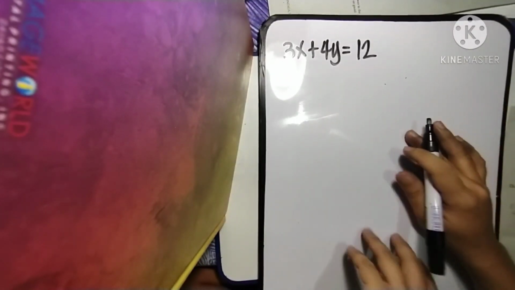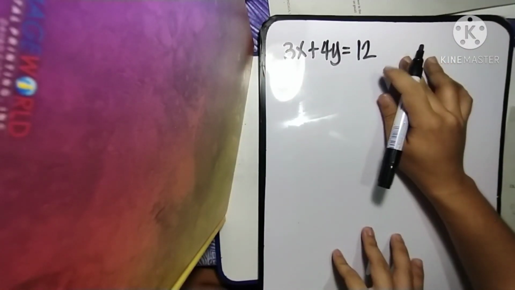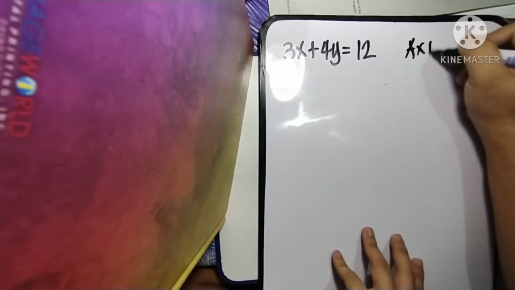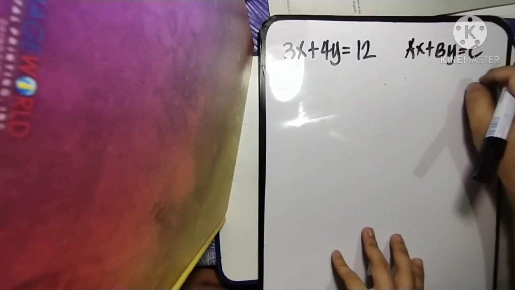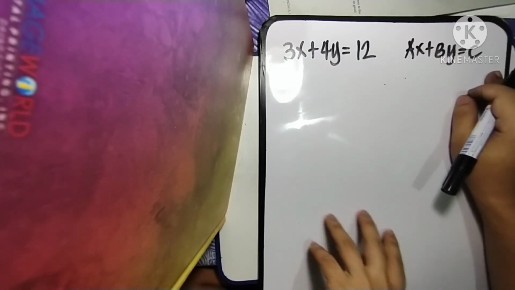Okay, next example we have 3x plus 4y is equal to 12. Now, this is written in the standard form, which is ax plus by is equal to c. We need to change this one into the slope-intercept form, which is y is equal to ax plus b.